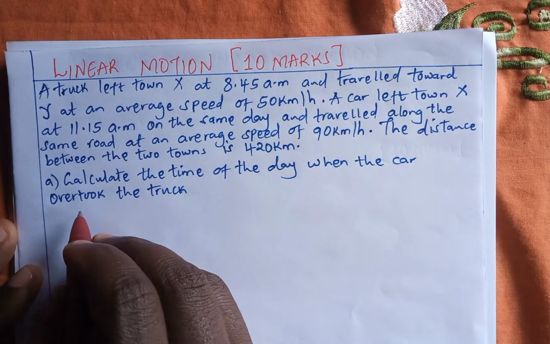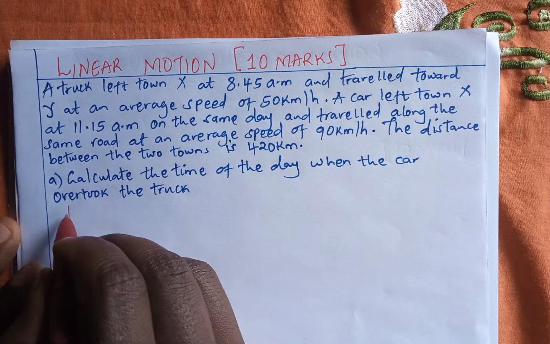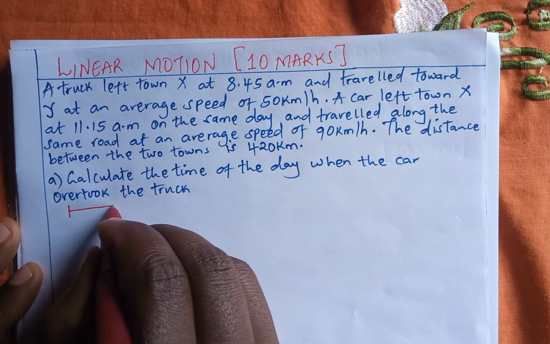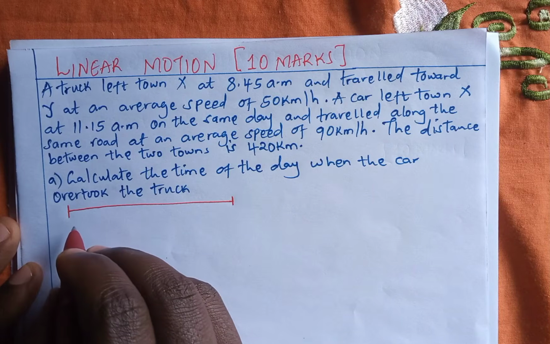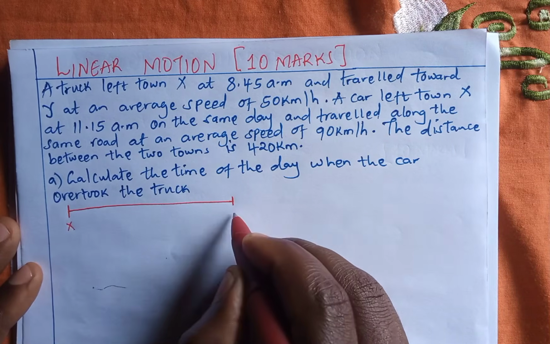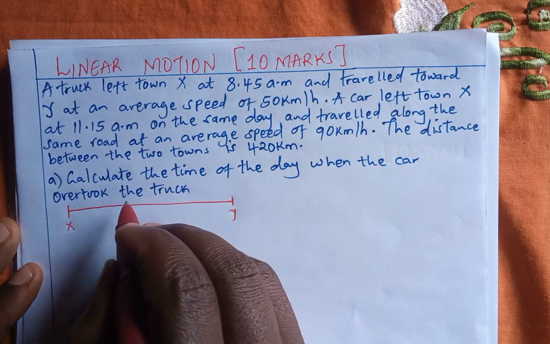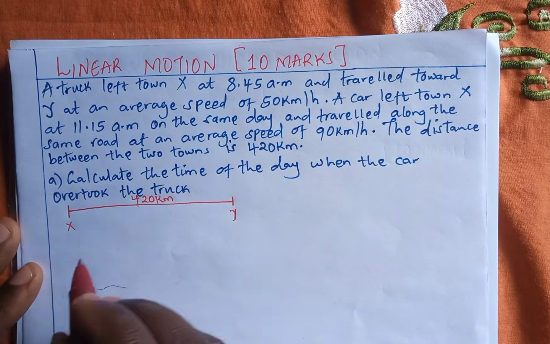So for us to work out this question very well, we need to come up with a sketch, something like this, and then have our towns. So this is town X, and this is town Y. And remember, the distance between the two towns is in fact 420 kilometers.